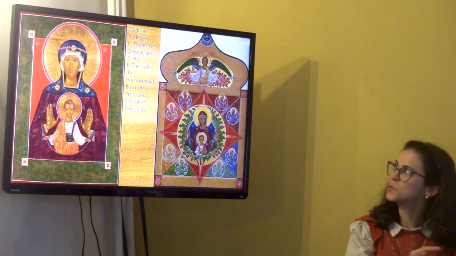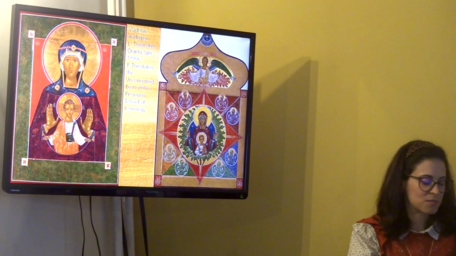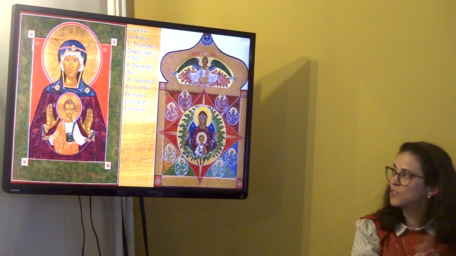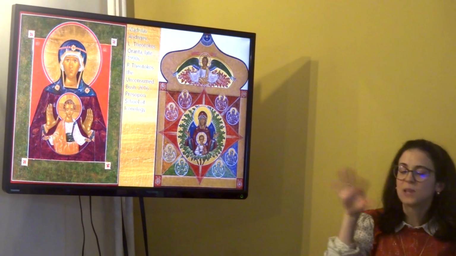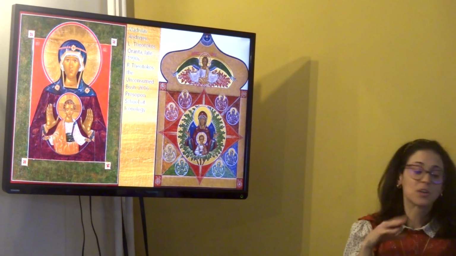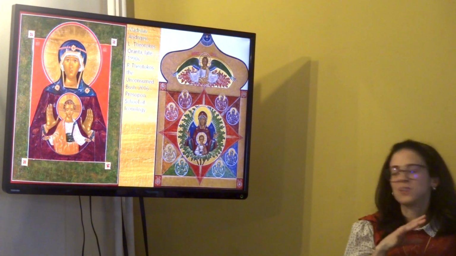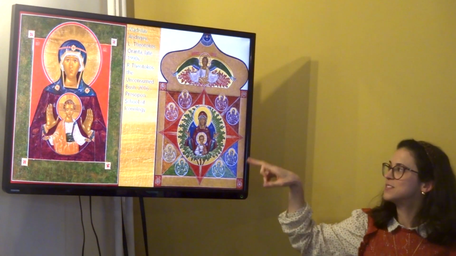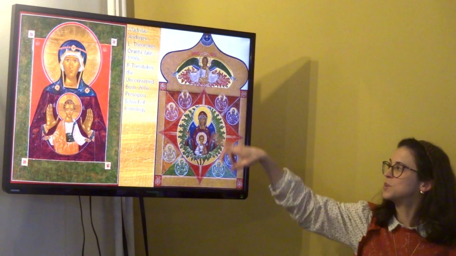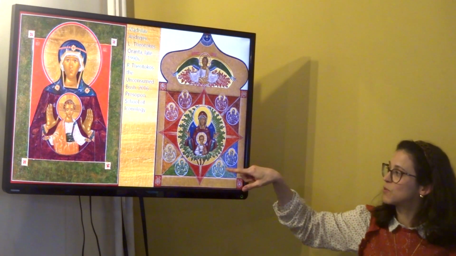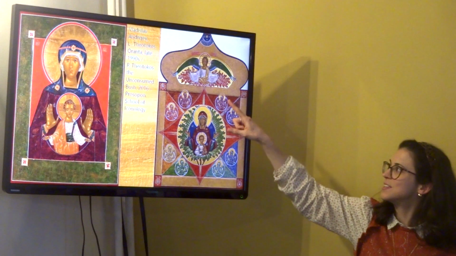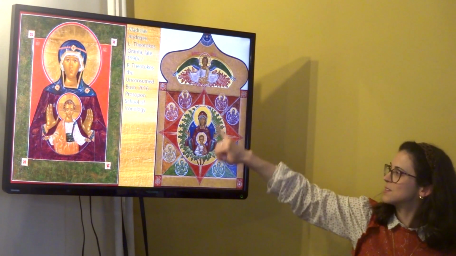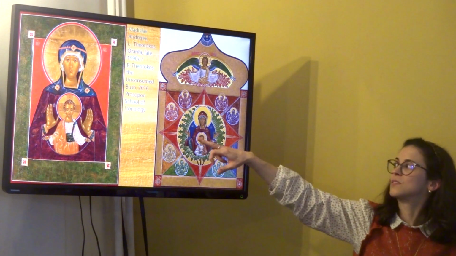Some modern examples of this type you have there on the left. It's very similar to the previous one, and the one on the right is another subtype of the Oranta, Our Lady, the Theotokos of the Unconsumed Bush, which I think is gorgeous, is beautiful, because around Mary and Jesus you see these leaves, which represent the bush, and then the fire is both the yellow circle and the red flames, I guess.